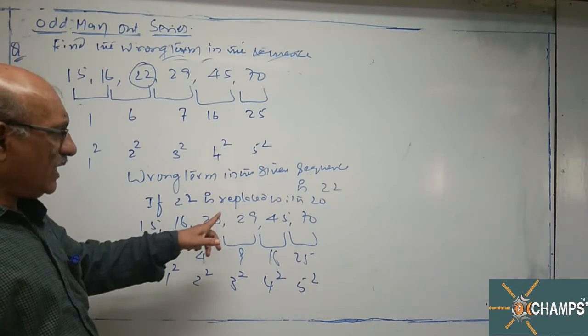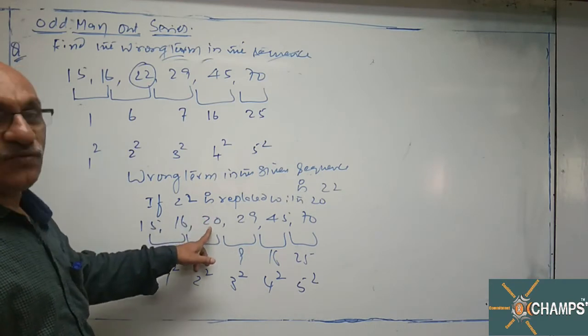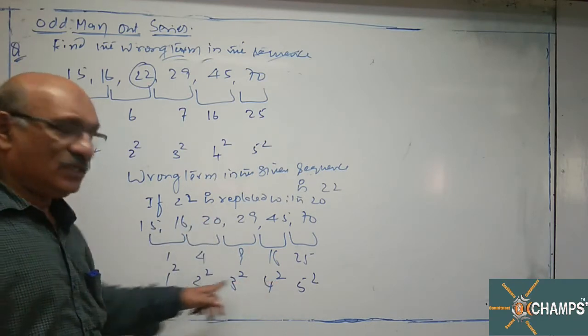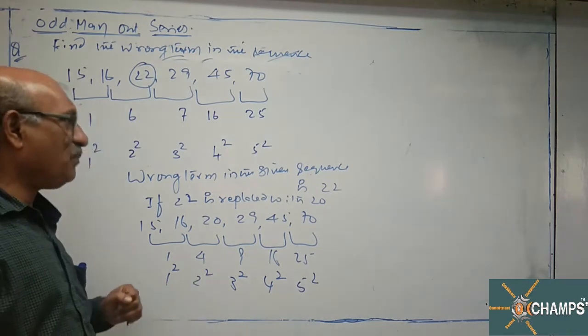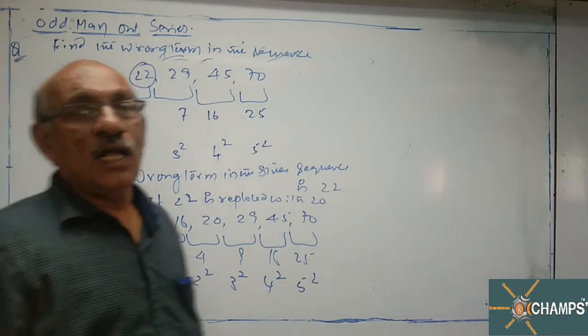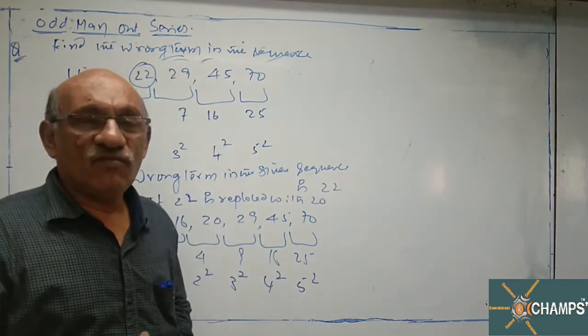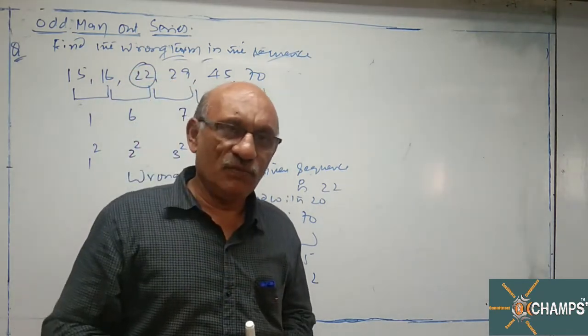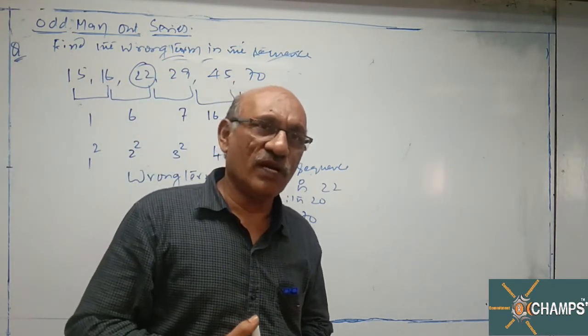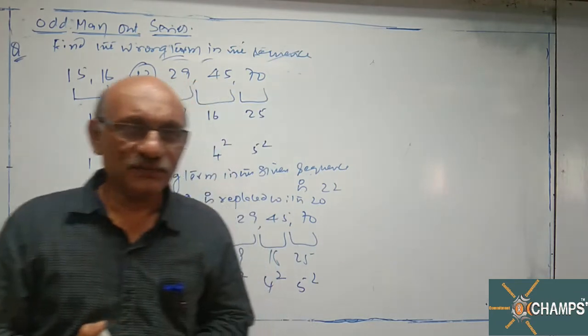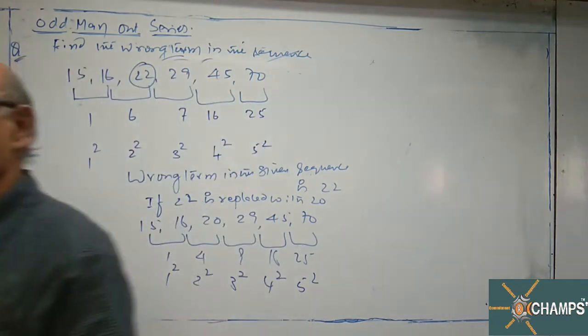So when 22 is replaced with 20, you are getting this sequence which is following a peculiar pattern. Because of 22 only it is not following this pattern, therefore 22 is the wrong term in the given sequence. Okay?